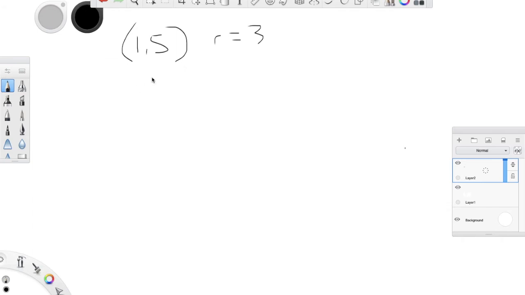In Cartesian form, this would be x minus 1 squared, as all the signs are backwards, plus y minus 5 squared equals the radius squared. So that would be 3 squared, equals 9. So that's the circle in Cartesian form.